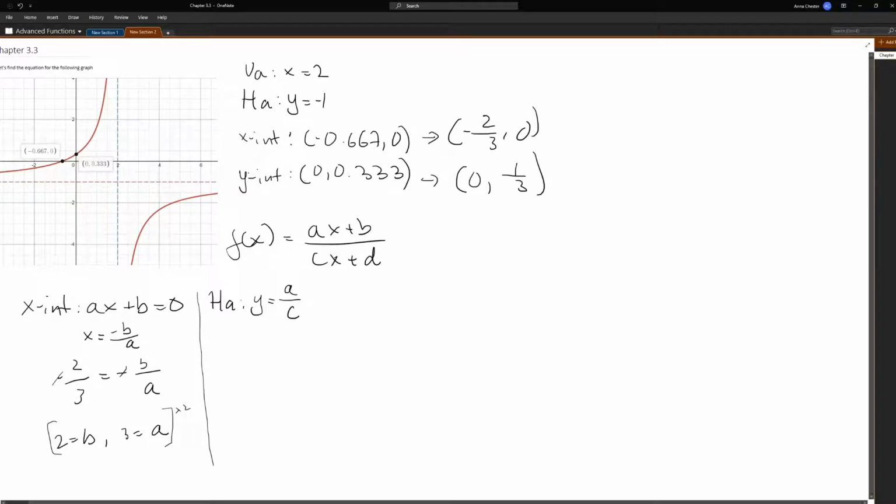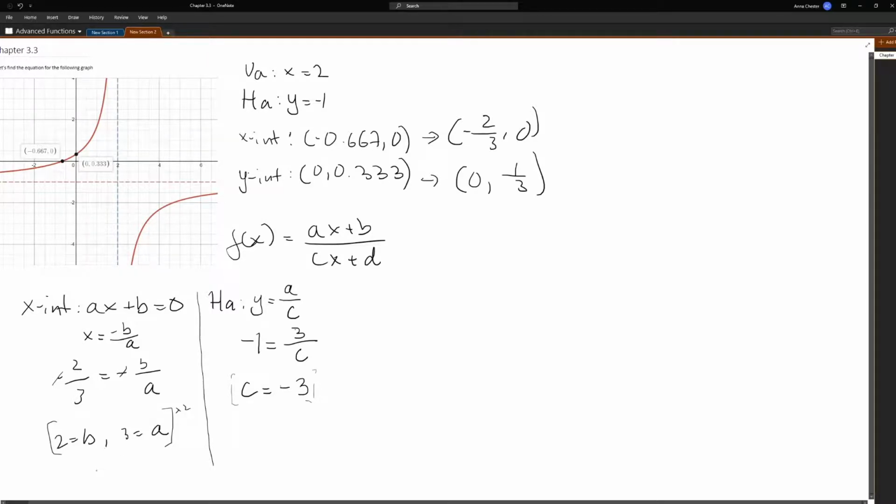We know what a is equal to, so we could simply find what c is equal to. So now we say that the horizontal asymptote is equal to 3 over c. So c is equal to -3. Again, we need to keep in mind that this could be a factor, but it should always be the negative of the a value. That's what we know for sure.